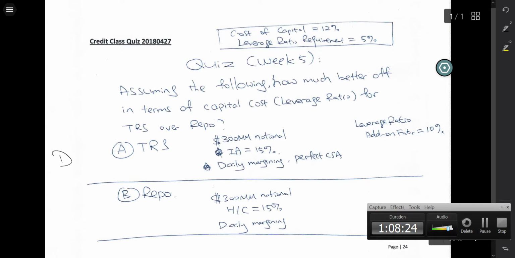This is a derivative, and repo is not. It's kind of on balance sheet, and that makes a world of difference in terms of treatment.